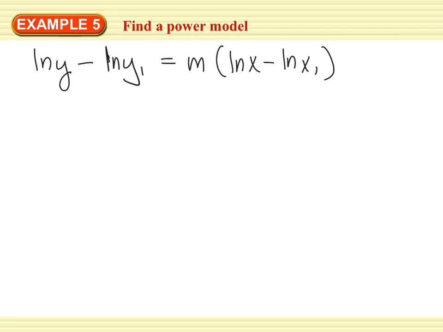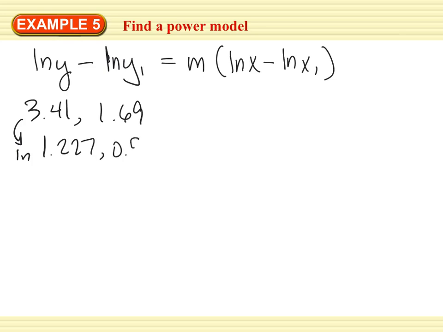If you look, a point that they gave us was 3.41 and 1.69. If I take the log of both of those, I get 1.227 and, let's see, 0.525 for the 2 points, and we can use those.